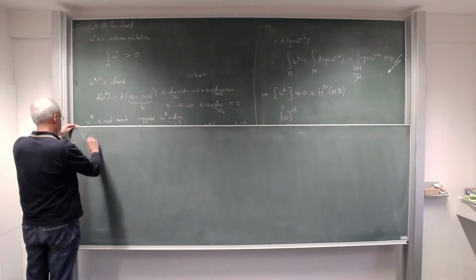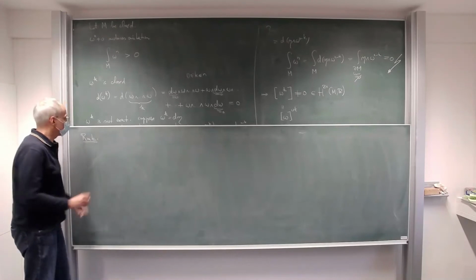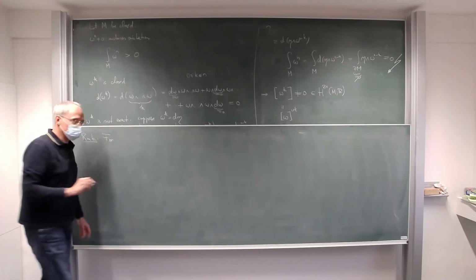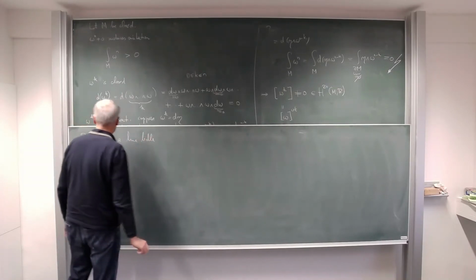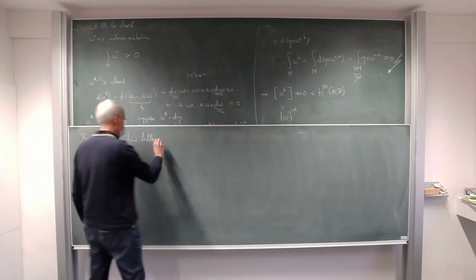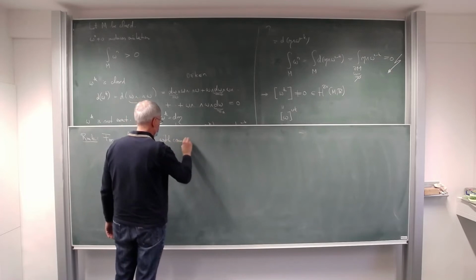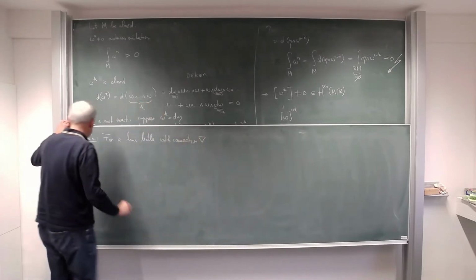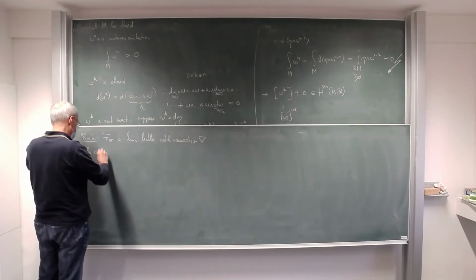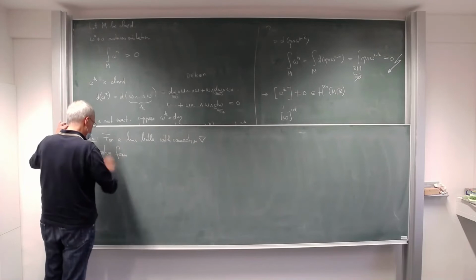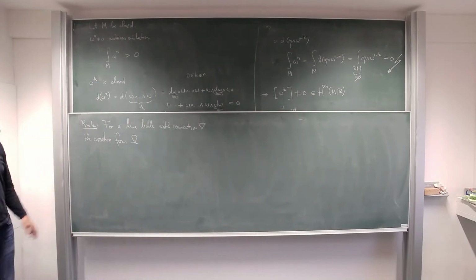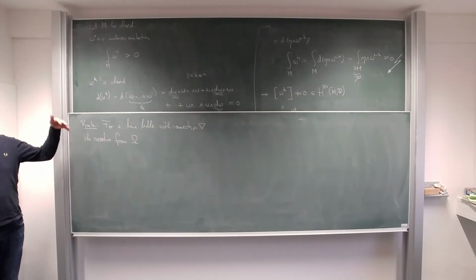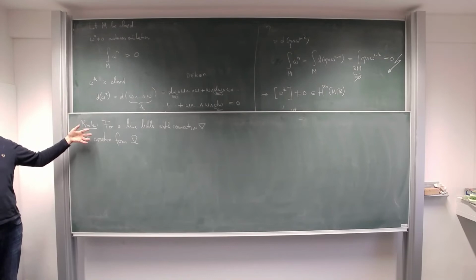Remark. For a line bundle, so a vector bundle of rank 1, with a connection, the curvature form omega is defined with respect to a local trivialization, and it's defined on the subset of the manifold where you trivialize the bundle.